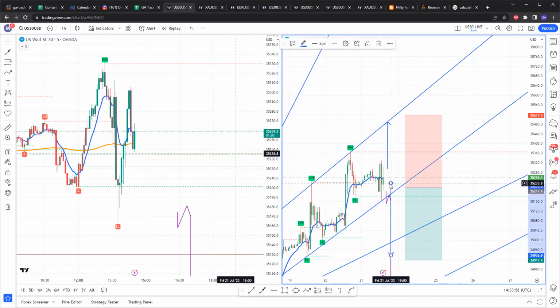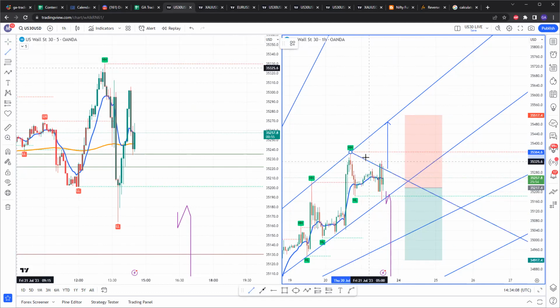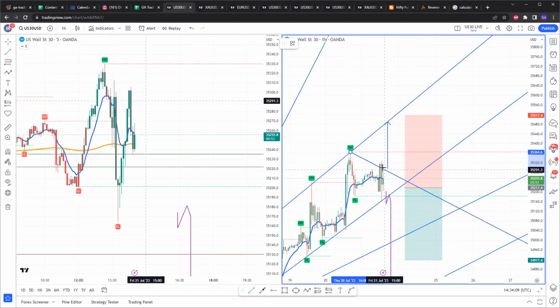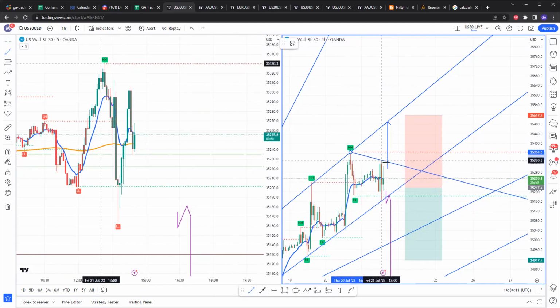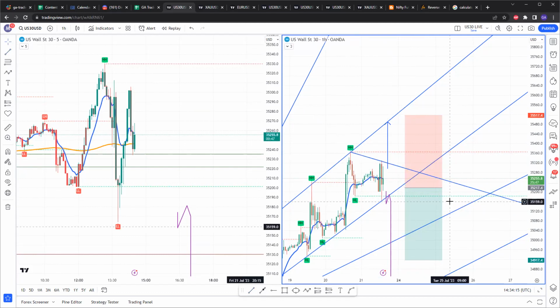But I would wait for, so you see how I've drawn this, sorry, hanging trend line. I call it a hanging trend line because it's only originating from a point of structure. This is not established. You guys remember how we used to trade when I first started live streaming.